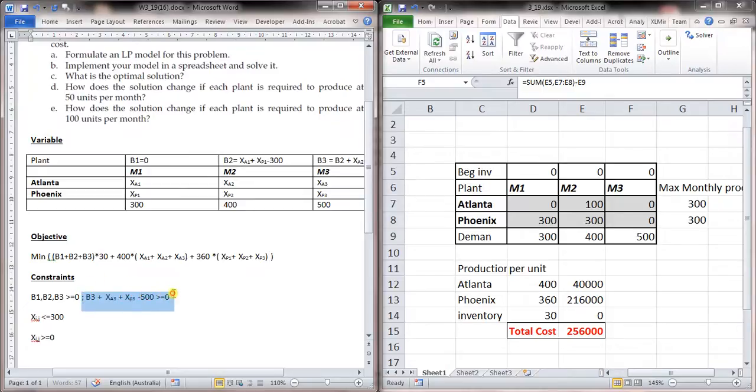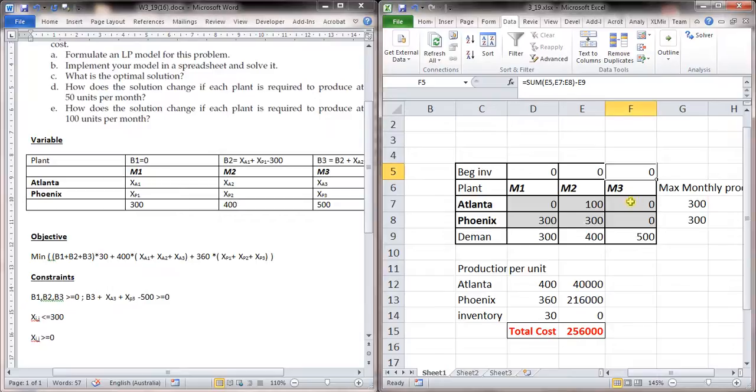This is an additional constraint. That means we have to make sure that the supply, including the beginning inventory and the production, meets the demand.